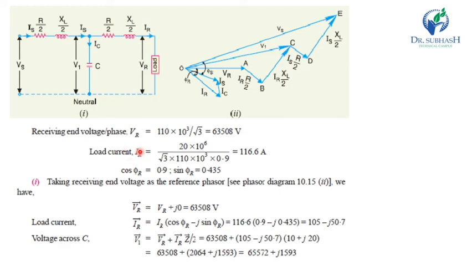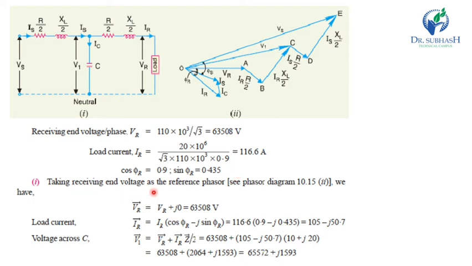Now load current equals delivered power, 20 megawatts, divided by root 3 into voltage VR into power factor 0.9, and we get 116.6 ampere load current. Now cos phi r is given as 0.9. From cos phi r we find sin phi r, which is 0.435.